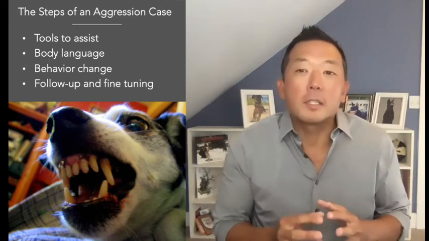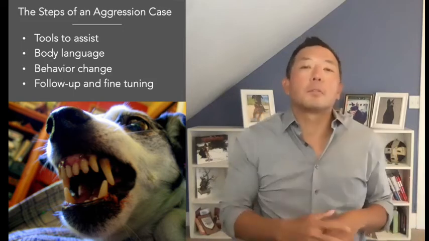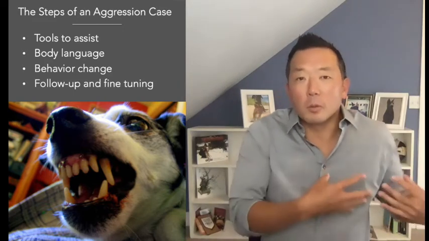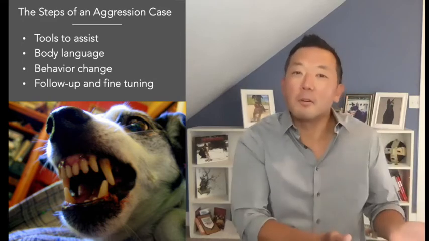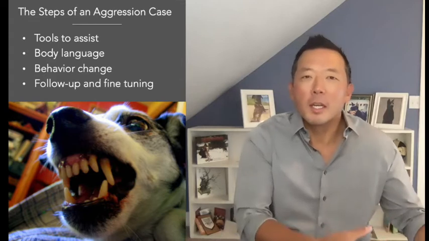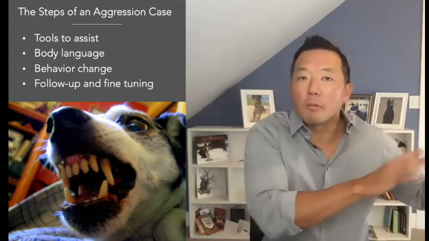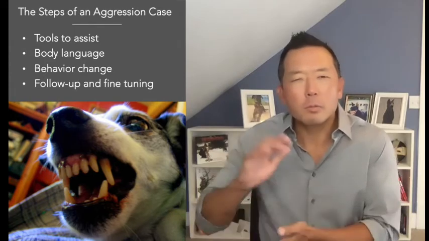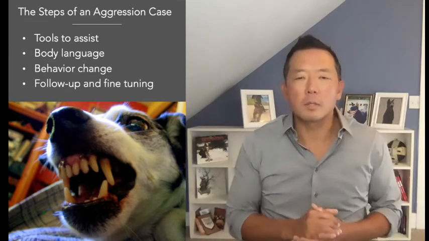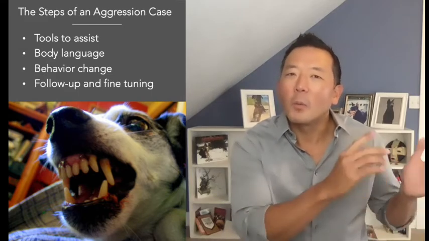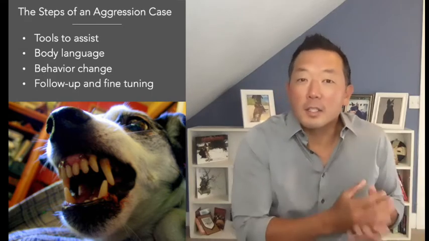And of course, with all aggression cases, we have to educate the client on body language. And one of the tools I use to help me with that is a cell phone, because oftentimes we're working with a client and we can video the dog. And again, we're not videoing the overt aggressive behaviors. We're looking at the subtleties, those precursors, those stress signals that we're going to be able to show the client what it looks like when their dog is getting stressed.